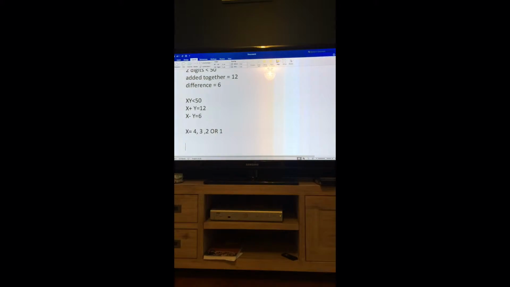Using this equation and working backwards, if x equals 4, then looking at the second part of the equation, x plus y equals 12, working backwards, y equals 12 minus 4, which is 8, which would give us a number xy of 48, as x is 4 and y is 8. Yes, this number is less than 50.